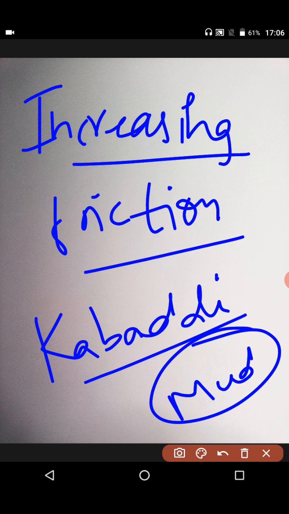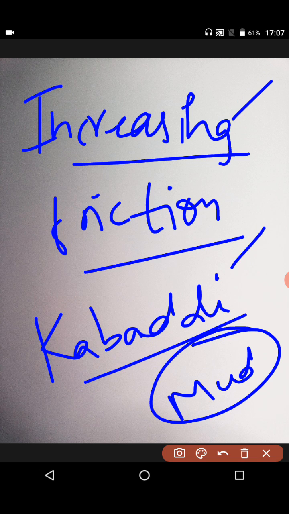Because you get a better grip, holding is easier for kabaddi players. That's why they have to increase friction.